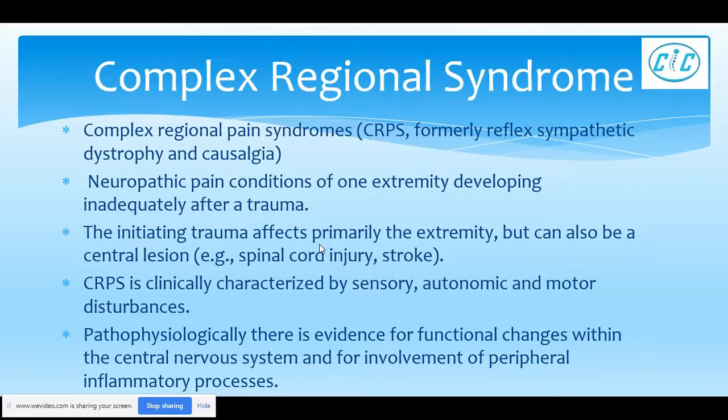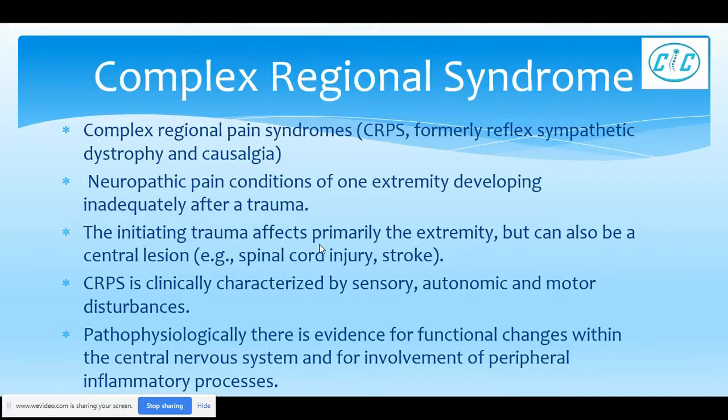Usually it happens in one extremity, but that is not true in central complex regional pain syndrome, which is more general, and it can happen in half of the body or the whole body, depending on the extent of the injury to the central nervous system.